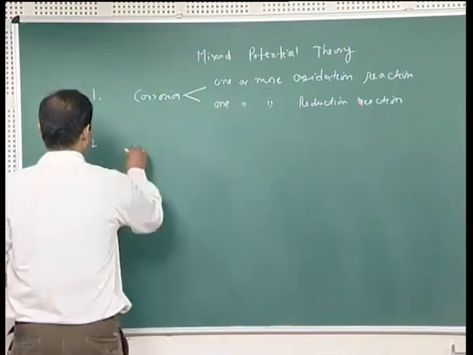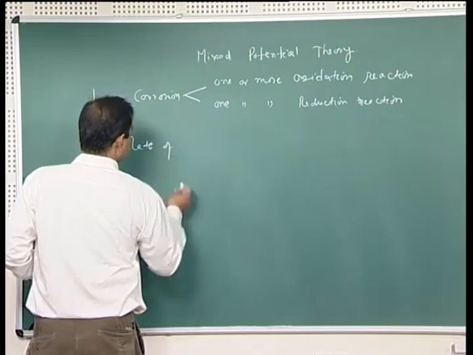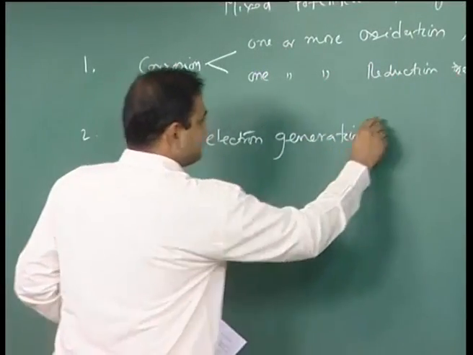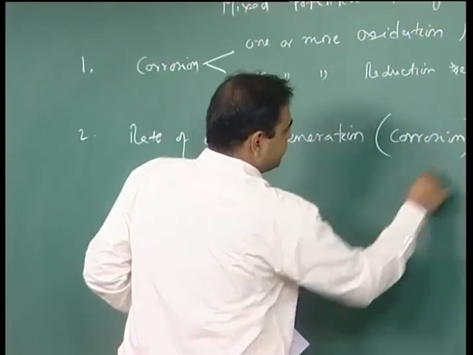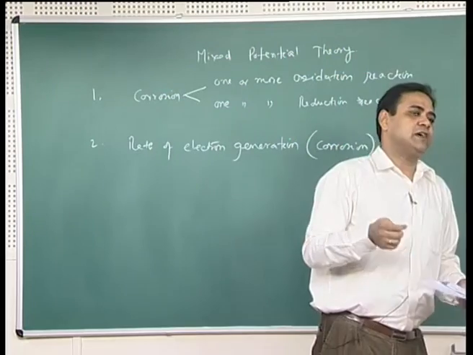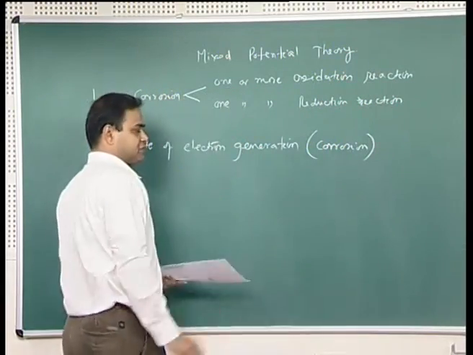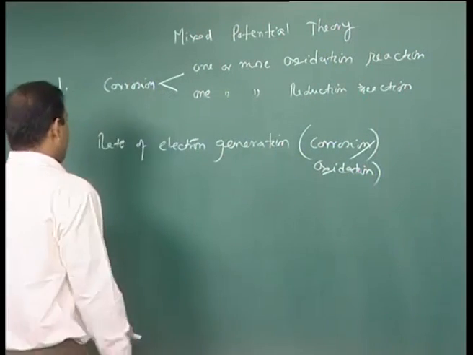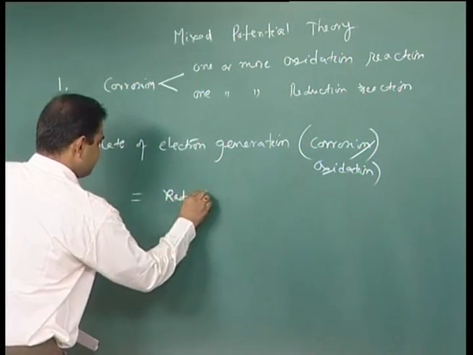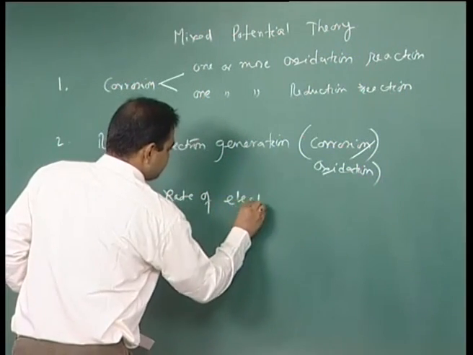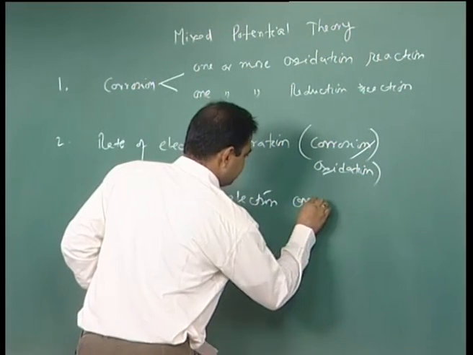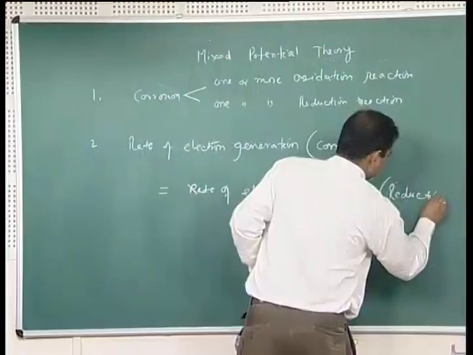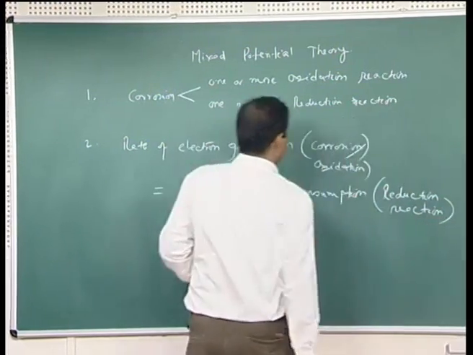The rate of electron generation, which is nothing but oxidation, for example zinc going into zinc ion, where zinc leaves 2 electrons, would be equal to the rate of electron consumption, which is nothing but the reduction reaction.